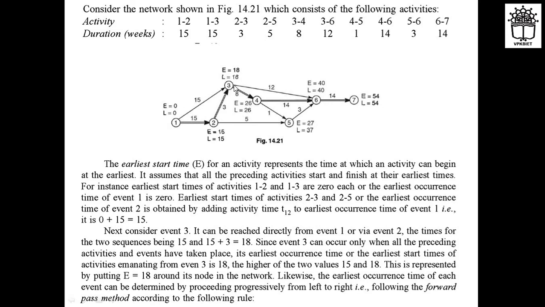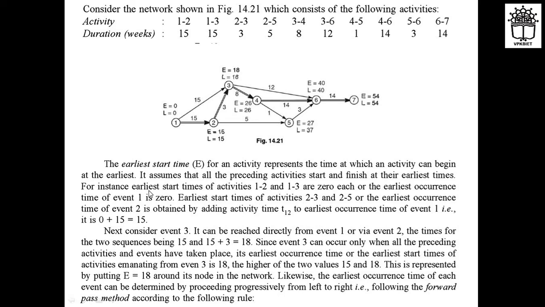So from these two ways you can complete activity 3, by following either path. But from the maximum time required by a path, you have to take that E value, that is the earliest start time, which is 18. That is given here in this paragraph.